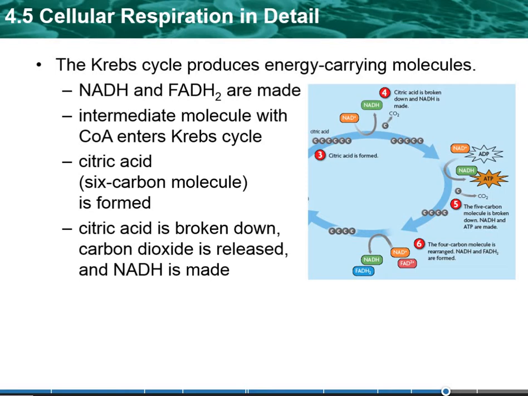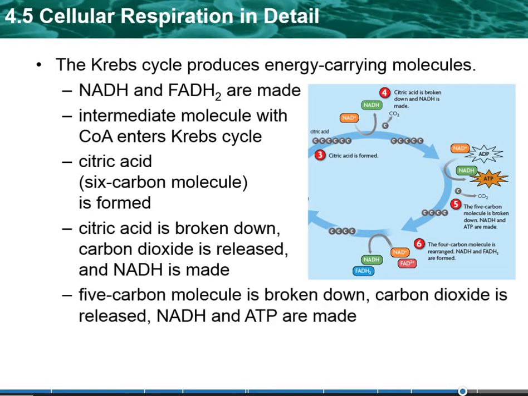You need to do it 2 times around to process 1 molecule of glucose because you broke it into 2 molecules. So during that process, you're going to make 2 ATP usually, and several carbon dioxide are going to be created. The 5-carbon molecule is going to continue to get broken down.